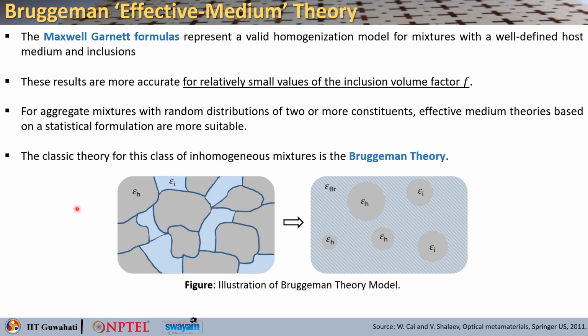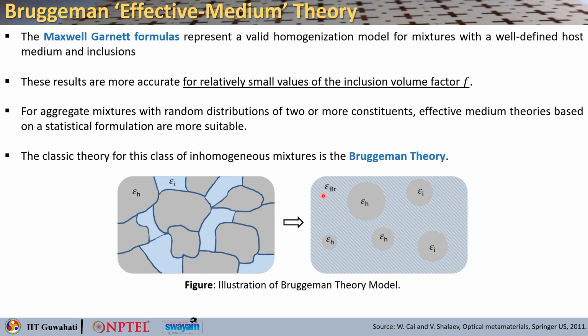Okay. So, here this is the case of an inhomogeneous mixture. So, any region in the mixture can be either this material or the other. So, you can always model this as an effective medium, which is epsilon Br.